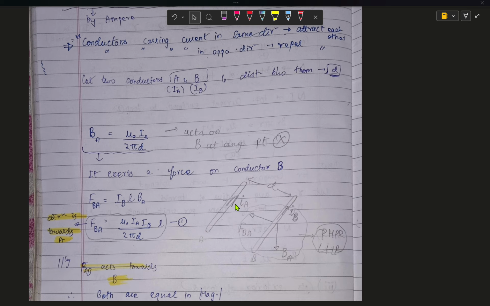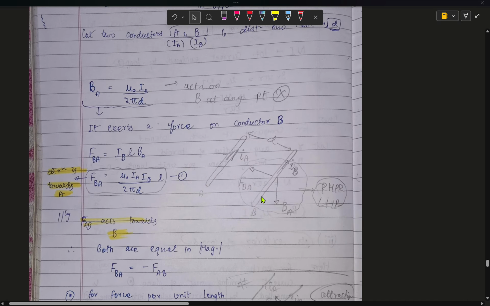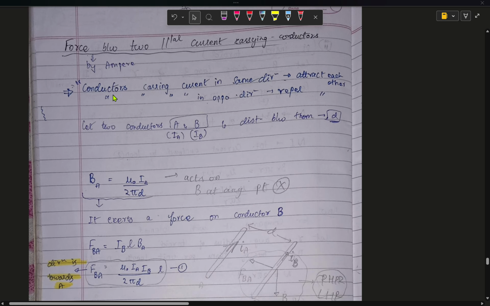Due to the field produced by this conductor, any conductor kept beside it will experience some force. That is the concept of force between two parallel current carrying conductors. Similarly, this conductor will exert some force on the other conductor, because it has current flowing through it and the magnetic field is induced because of it. This is also given by Ampere.